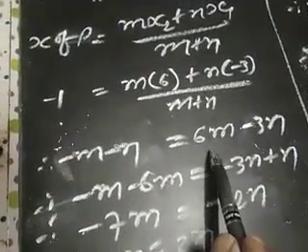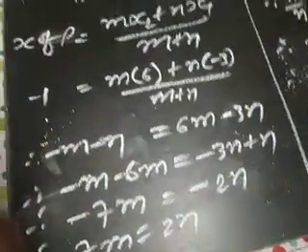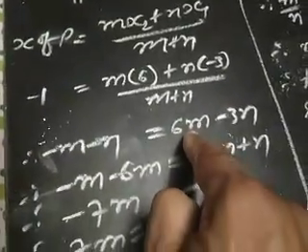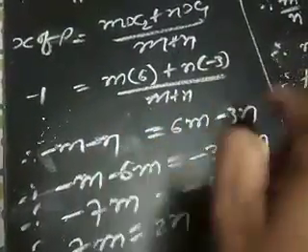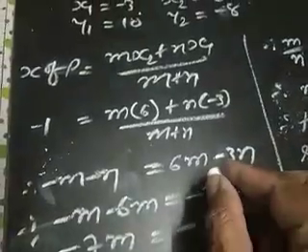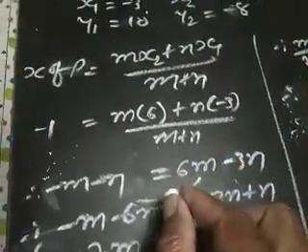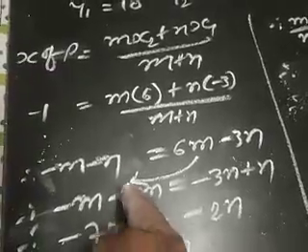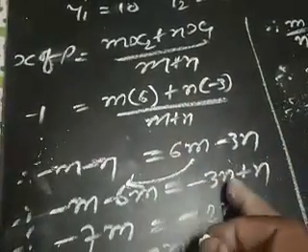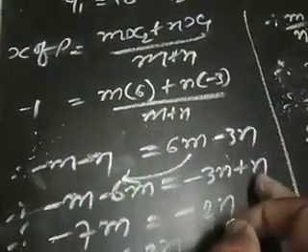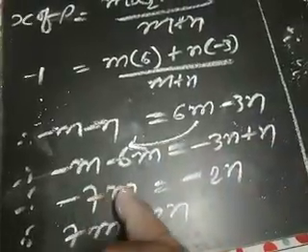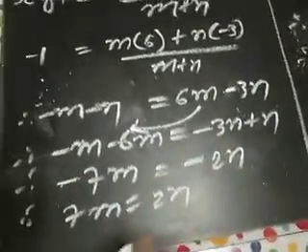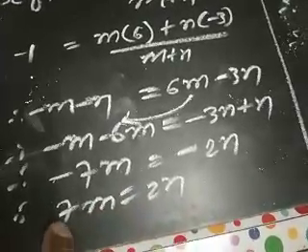Hmm, correcting the working: we bring m to this side and n to the other side, so minus m minus 6m, and minus 3n plus n, where the negative becomes plus. So minus 7m on this side and minus 2n on the other side; the minus signs cancel, so we are left with 7m is equal to 2n.